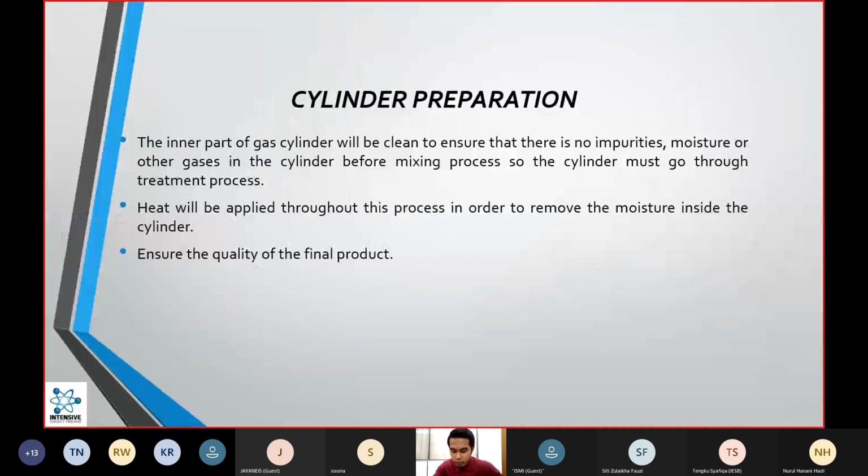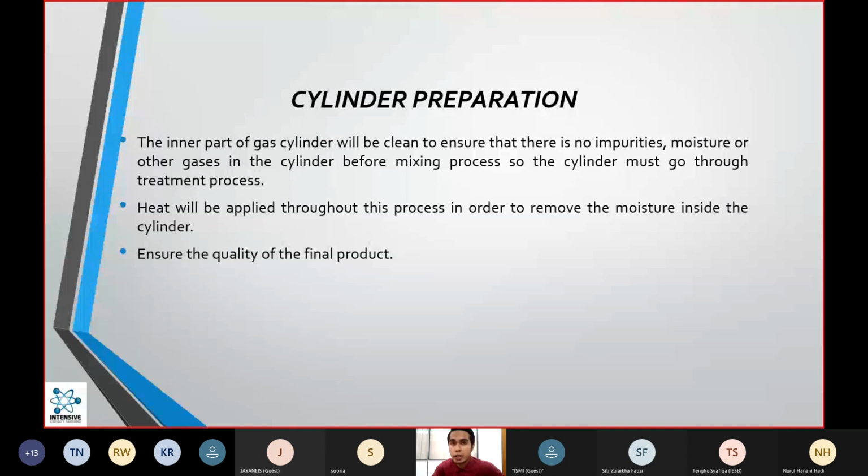So, cylinder preparation. The inner part of the gas cylinder will be cleaned to ensure that there are no impurities, moisture or other gases in the cylinder before the mixing process. So the cylinder must go through a treatment process. It will be applied in order to remove the moisture inside the cylinder when we have finished doing the hydro test.